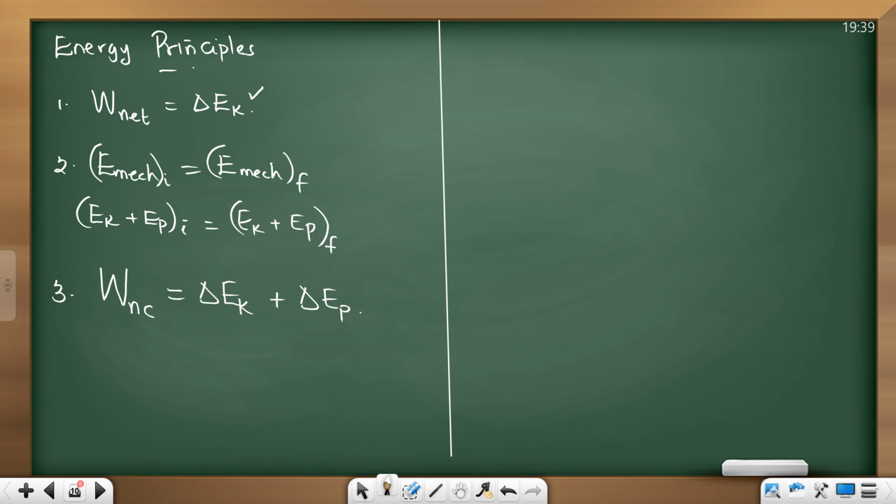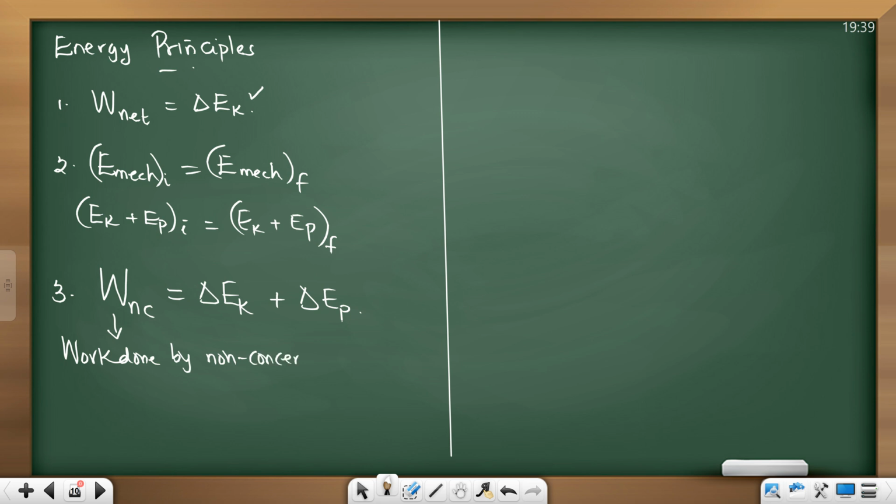What does W stand for? Work. What does NC stand for? Non-conservative. So this is called the work done by non-conservative forces.